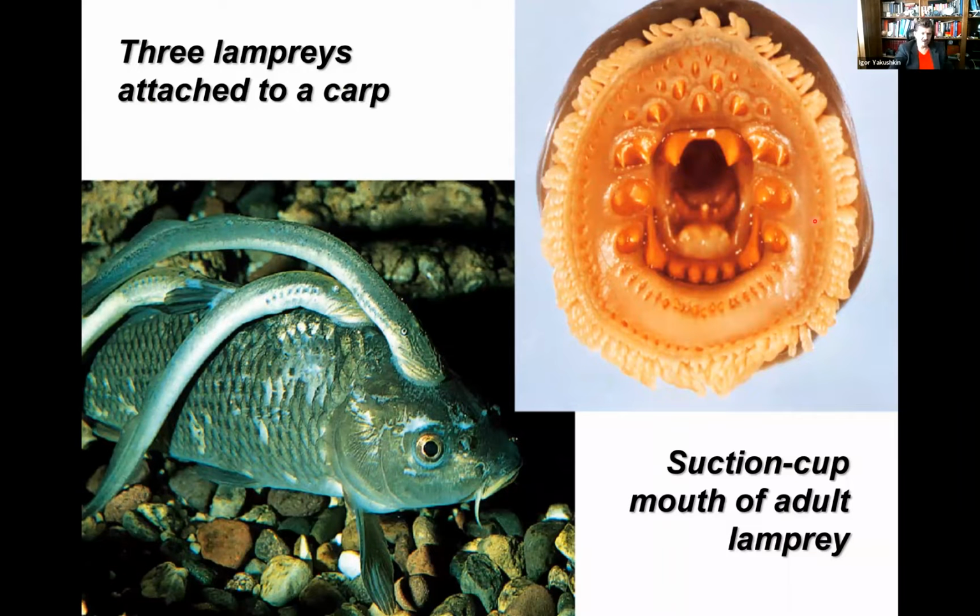It's literally feeding on the blood. Periodically, it can detach itself. There will be a scar on the carp. Well, that's a freshwater carp, of course, but it can also be on the salmon or anything like that. So yeah, sucking on the carp, drinking blood.